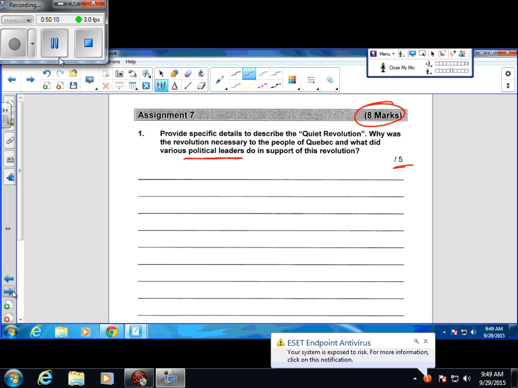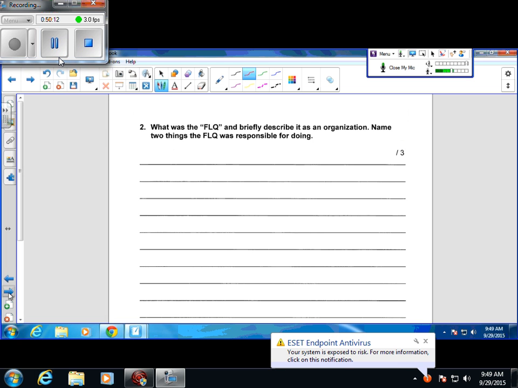The next question was about the FLQ. What was the FLQ? We described it as an organization. What did they stand for, and what were their purposes? Name 2 things the FLQ was responsible for doing. For example, the FLQ was a terrorist group.